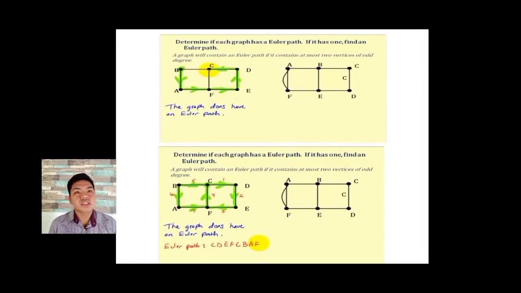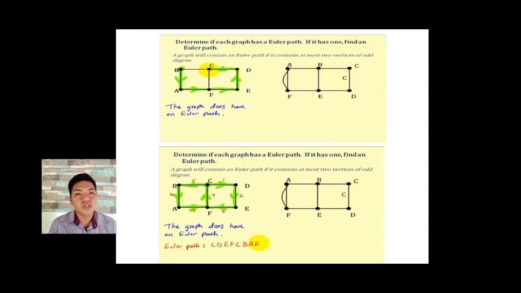So makita natin sa example, sa una, the graph does have an Euler path. Kung magsimula tayo sa B, magkakaroon ng problema dahil ma-miss natin yung letter F papunta sa B. So in the second example, makita natin dito yung picture sa baba, magsisimula tayo sa letter C.